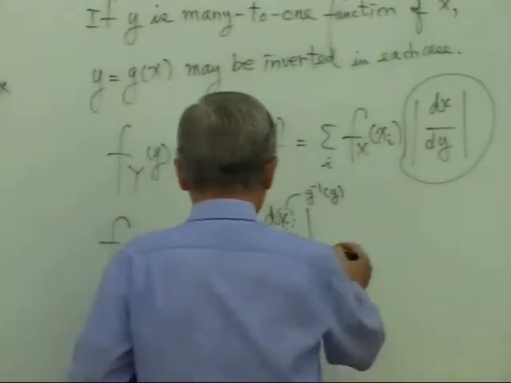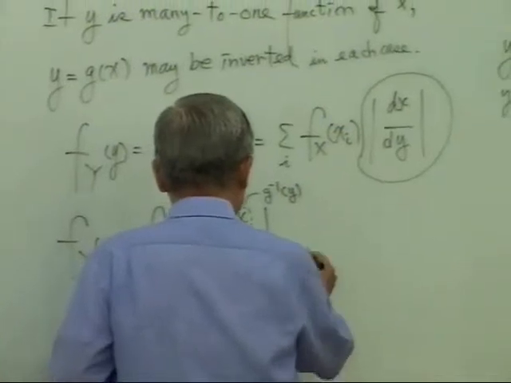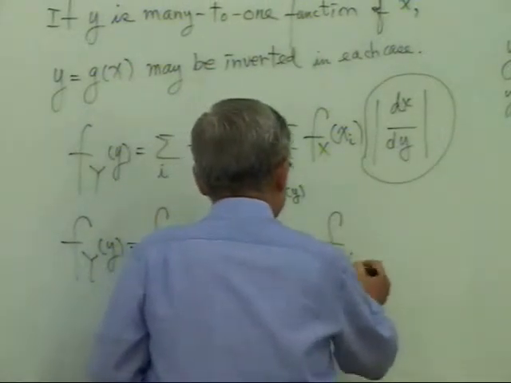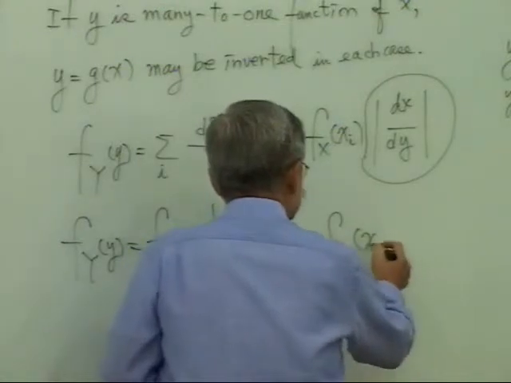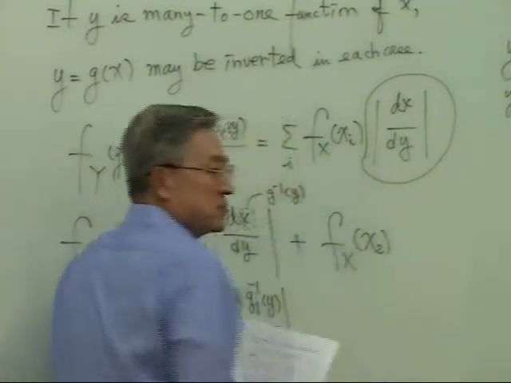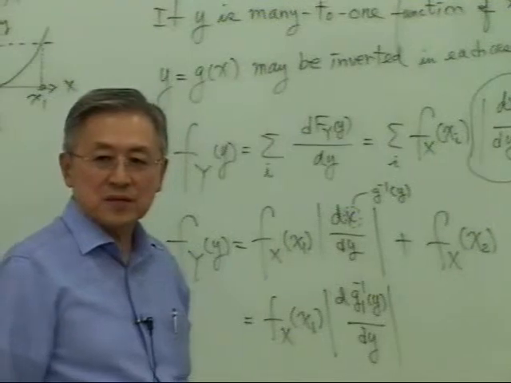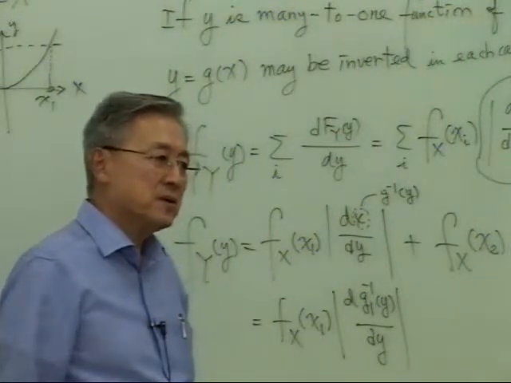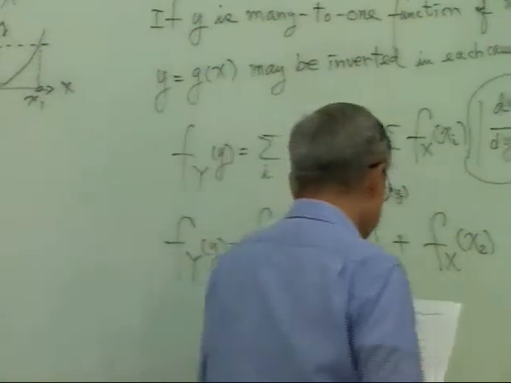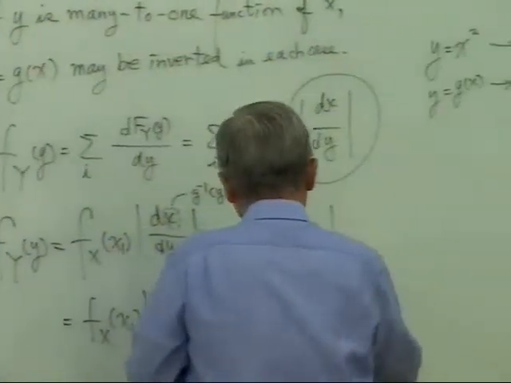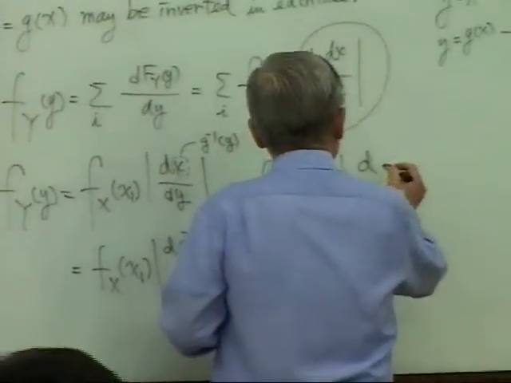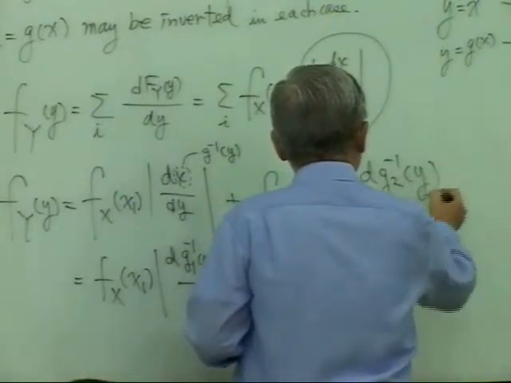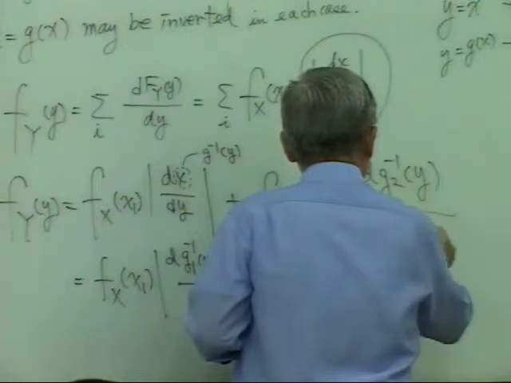And this is that. So I'm going to plus f_X(x2). We're going to manipulate for each case. It has x1, x2, then you anticipate the two terms. And this is equal to d g2 inverse of y over dy.